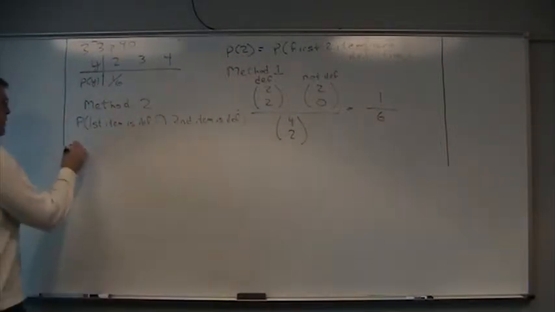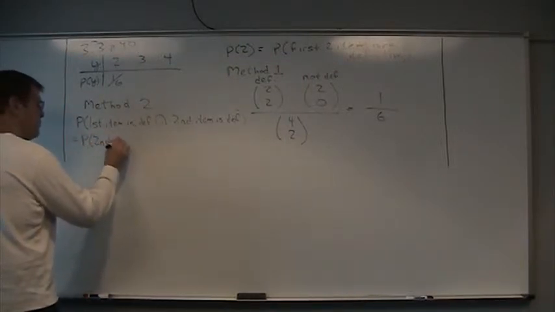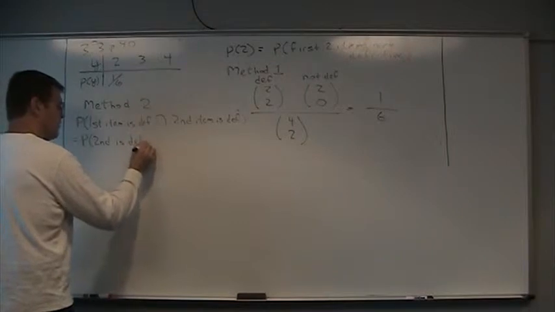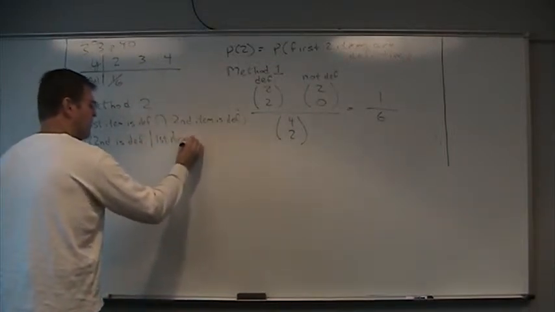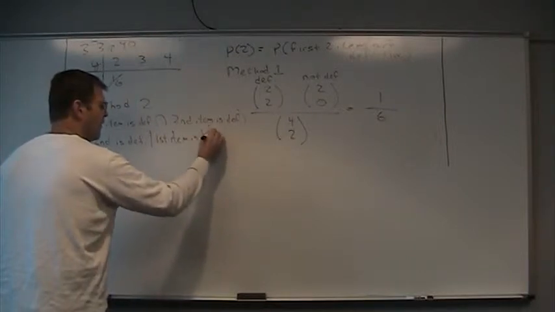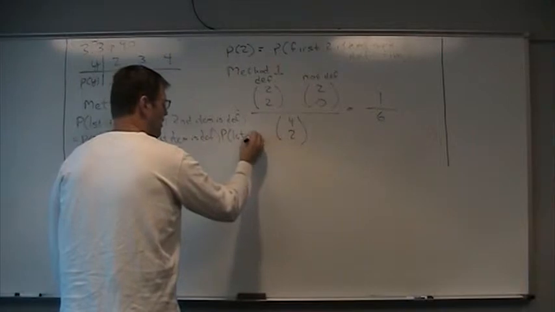So this is going to be equal to the probability that the second item is defective, given that the first item is defective, times the probability that the first is defective.